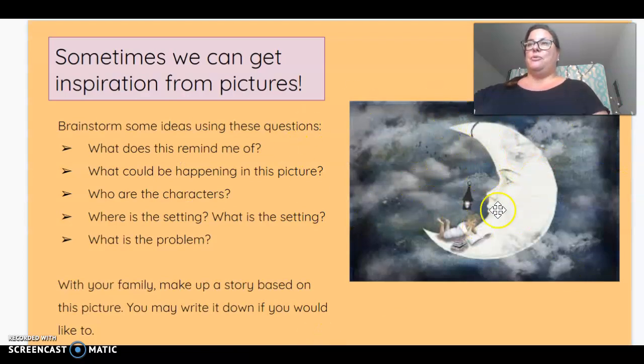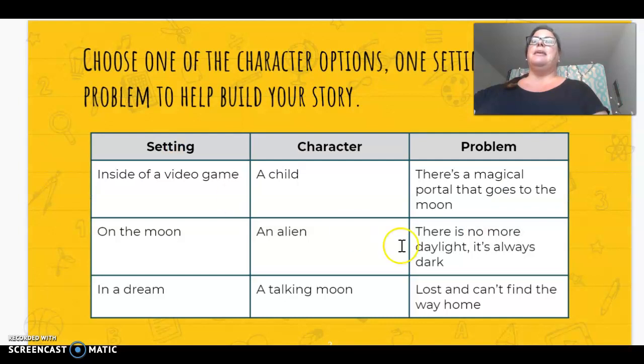This picture of the moon inspired us to come up with some ideas, and that's where those ideas came from. So everyone can look at this picture and still get some ideas. If you decide you're writing a story on your own with ideas that we helped come up with, what you'll do is pick one setting, one of these characters, and one of these problems.